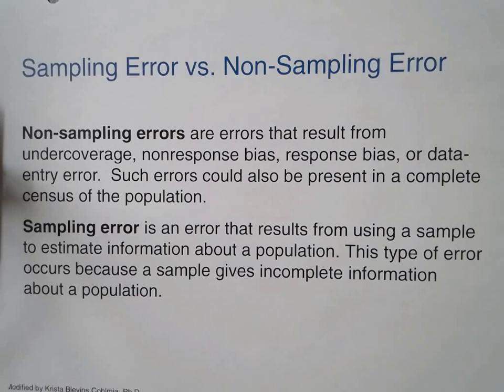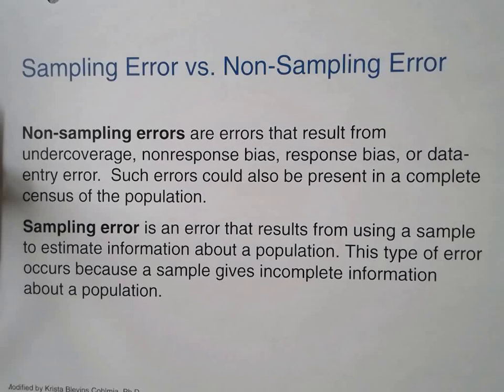If I could ask for the age of all Midland College students and get an average age from everyone that is taking a class this spring semester, that value would be different than if I only took a sample of 100 students and asked their age and got the answer. The difference between the value that you use from a sample to estimate the value that you really want to know in a population, that difference is your sampling error. And it comes from using a sample to estimate a quantity in a population.